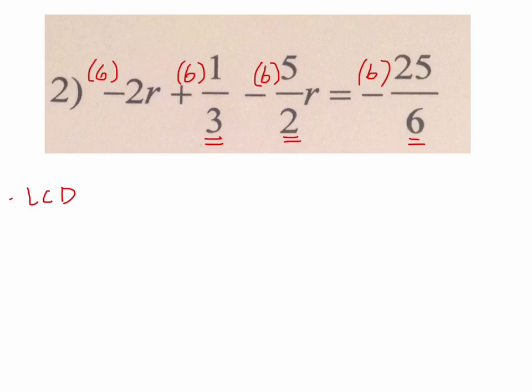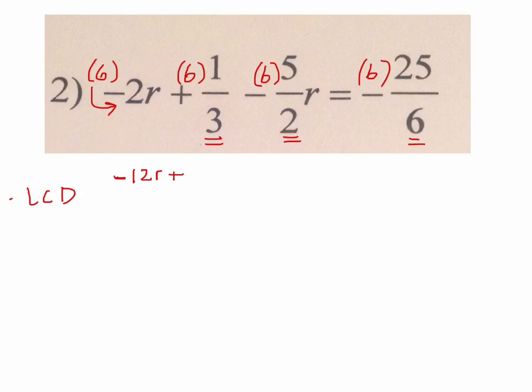And now we're just going to multiply and come up with the product. So we have 6, starting off with this first term, 6 times a negative 2r. That's going to give us a negative 12r, plus 6 times 1/3, which is going to give us 6/3, or 2 wholes.